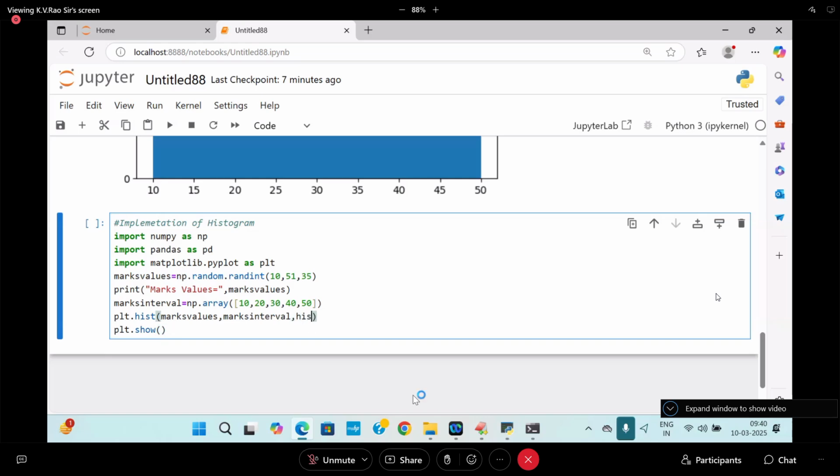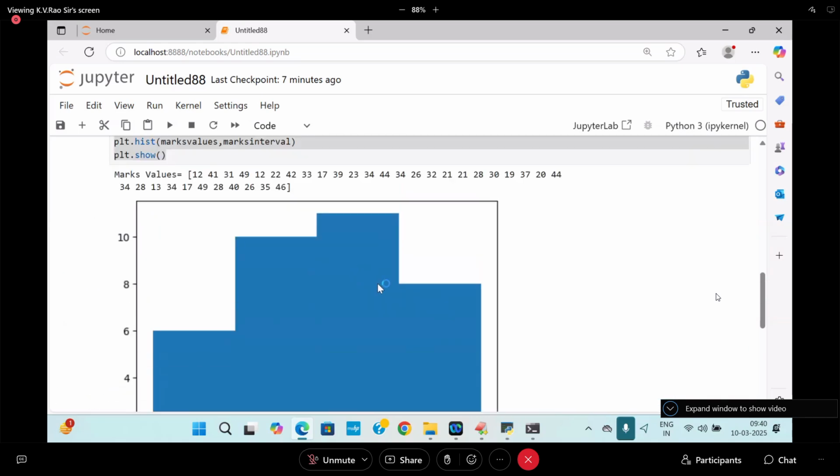The parameter is histtype, the histogram type. There are three types. One is called bar. Spell it out, B-A-R. histtype equal to bar. histtype equal to step. Step, S-T-E-P. Step means what?